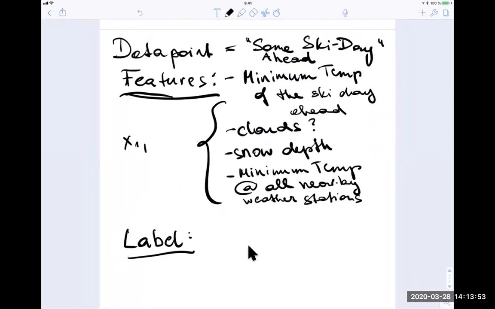Let's say this minimum temperature is called x1. The cloudiness, or the amount of clouds, is x2, x3 is the snow depth. Minimum temperature at a nearby station is x4. So we can stack all these features into one feature vector, which characterizes a ski day ahead.